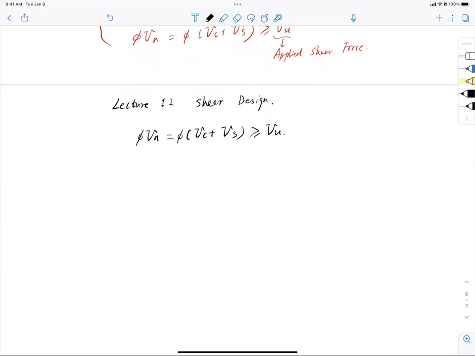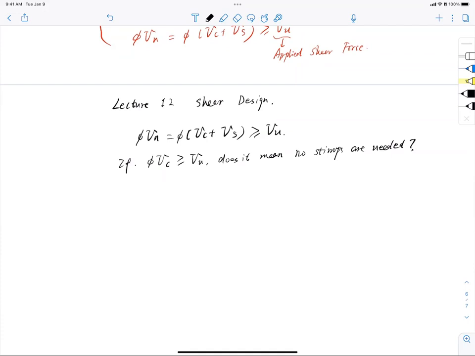But the point that I'm trying to make is that if such a criterion is satisfied, that means if φVc is greater than or equal to Vu, does that mean we don't need any stirrups? If my design has exceeded the requirement, does that mean I'm fine?